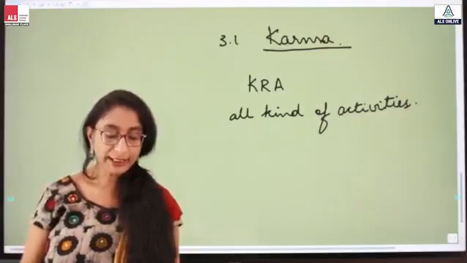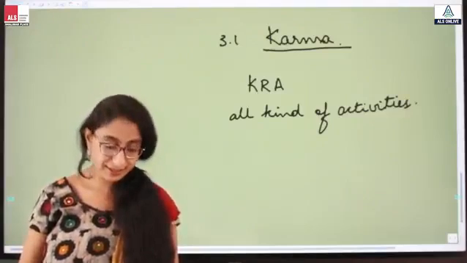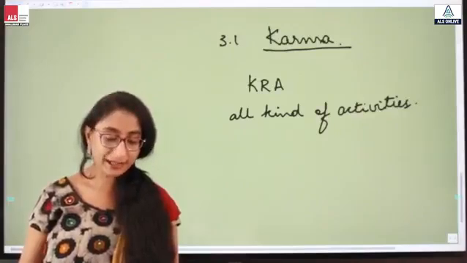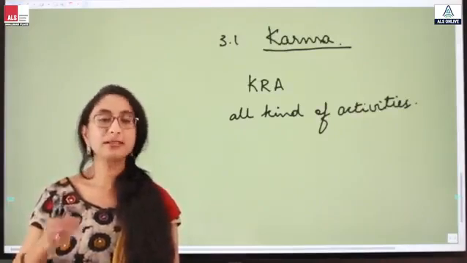Good intent and good actions contribute to good karma and future happiness, whereas bad intent and actions contribute to bad karma. Our good karma and bad karma are accumulated over many lives, that is different births.